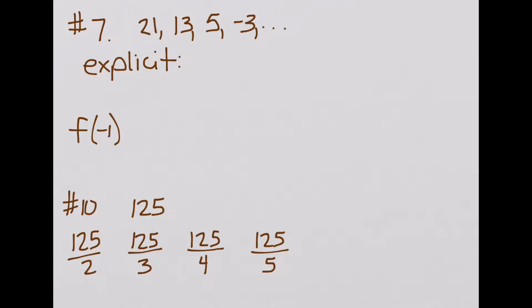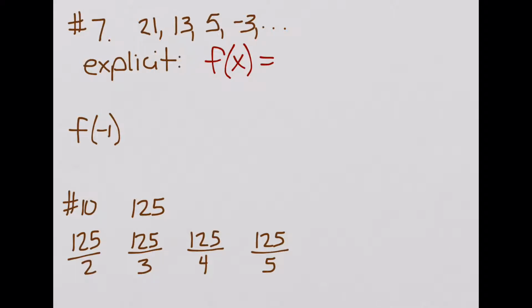All right, I want to talk about number 7 because it's asking you to do something a little bit different. If you can find the explicit formula for this, though, you should be fine. So explicit, that's going to start us off with f of x. We know that much, but first we have to decide, is this arithmetic or geometric?